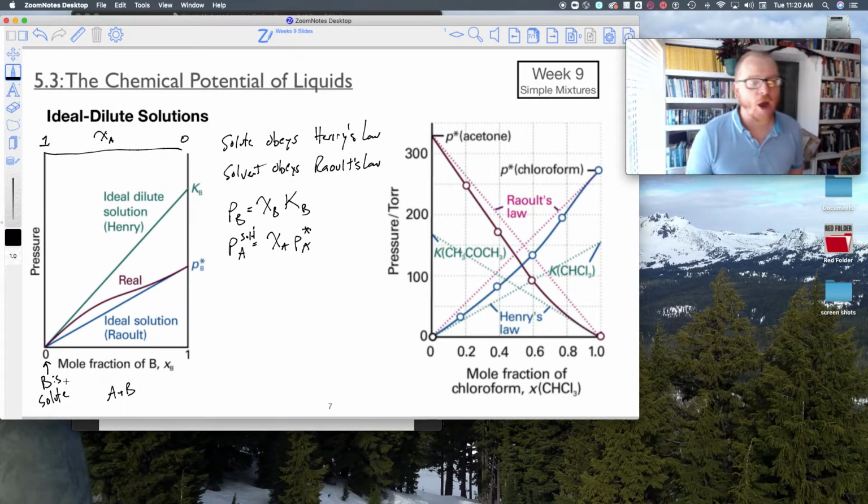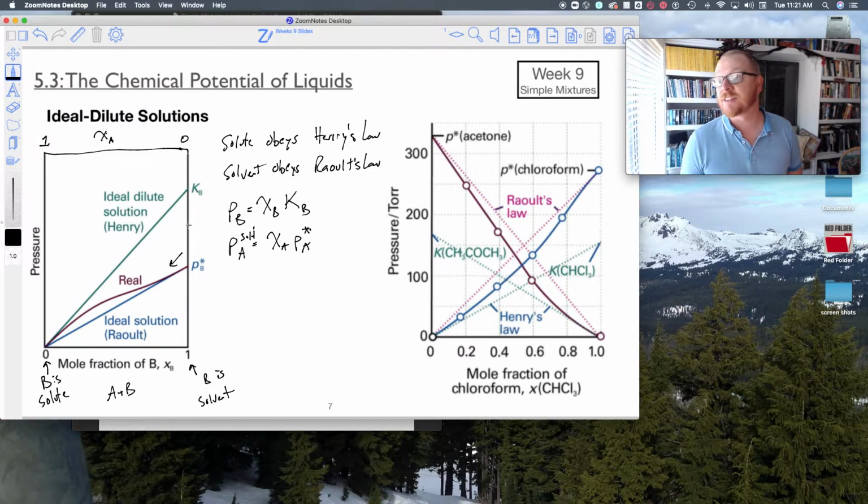And if we look at that now here, as you can see, it's not showing us A, it's just showing us B. So you can see now on the opposite case here, we'll say B is now the solvent because at a mole fraction of 1, it's the predominant species in the solution. And A has a mole fraction of 0. And of course, as we move down this line, we're adding A in small additions. So now A is the solute.